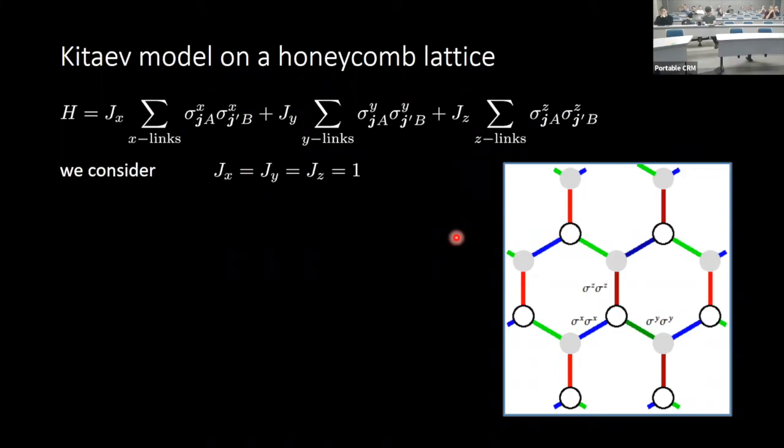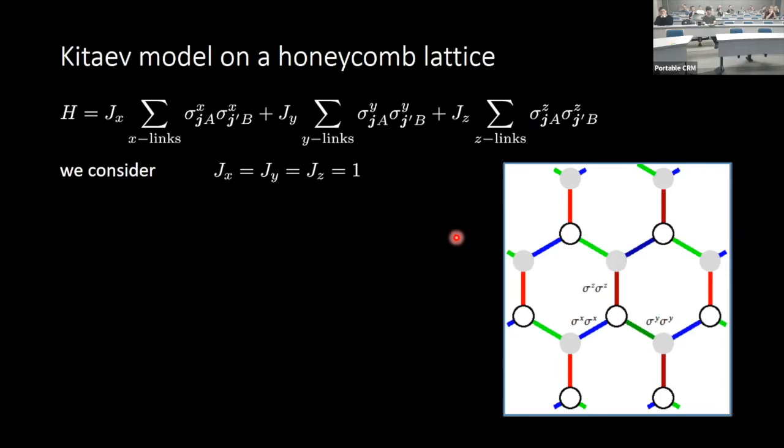In the title of my talk, there were models with Onsager algebra and more. And in these 2 minutes, I'll tell you about this more. This more is actually a Kitaev model on a honeycomb lattice.